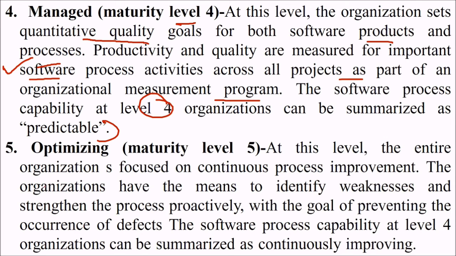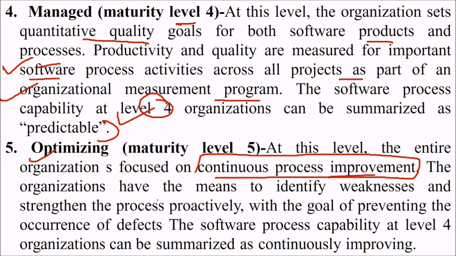In the optimized level, at this level, the entire organization is focused on continuous process improvement because they have already achieved. See, at every level, the previous level is already achieved. So at this level, the entire organization is focused on continuous process improvement. And the organization has the means to identify, say, SWOT analysis: strengths, weaknesses, opportunities, and threats.